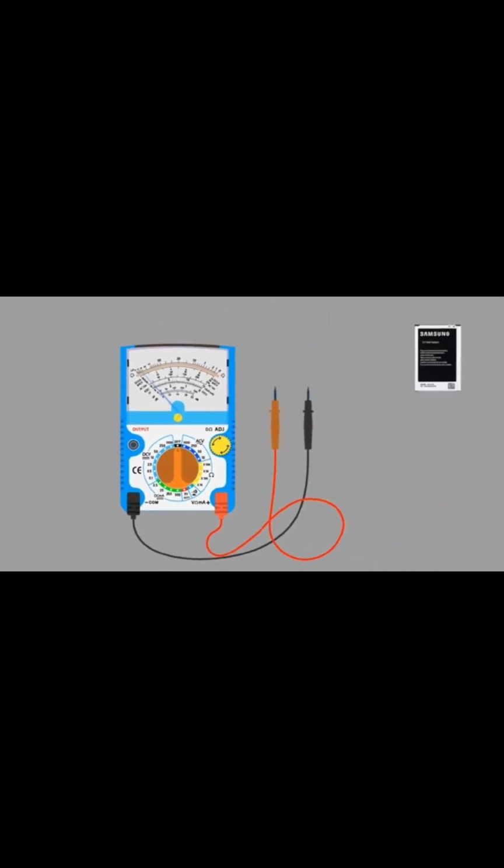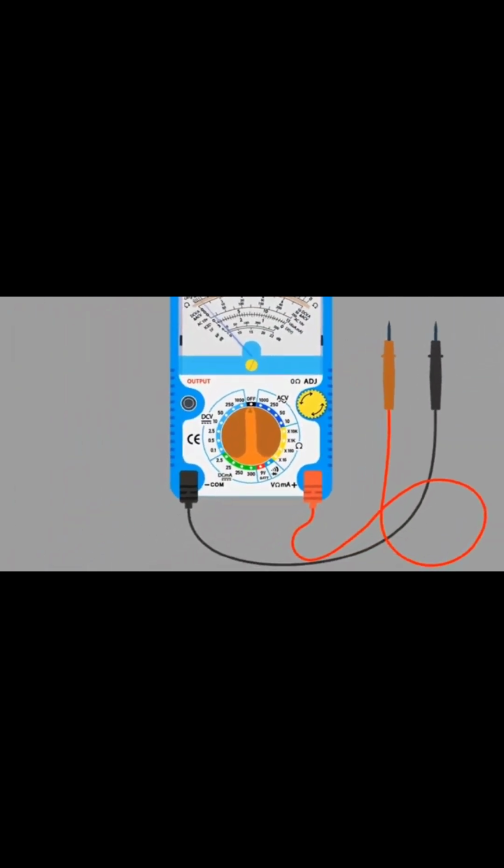I am taking a phone battery to measure DC voltage. That terminal is positive and that terminal is negative. It's a 3.5 volt battery, so we need to select the 10 volts range. If we don't know the voltage of the battery, we should select the maximum voltage range of the multimeter first, then decrease as needed.